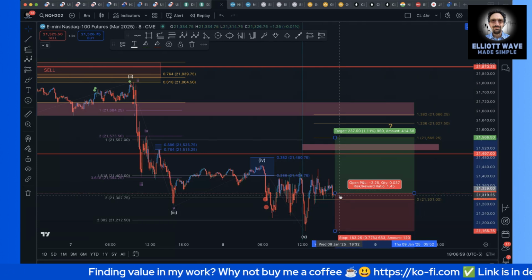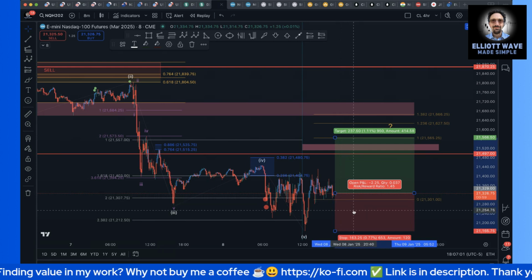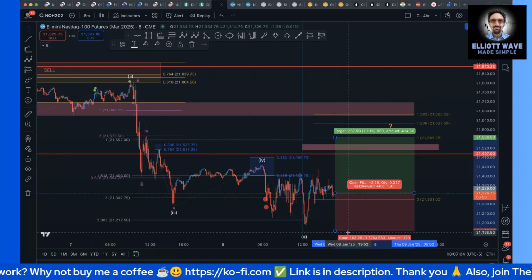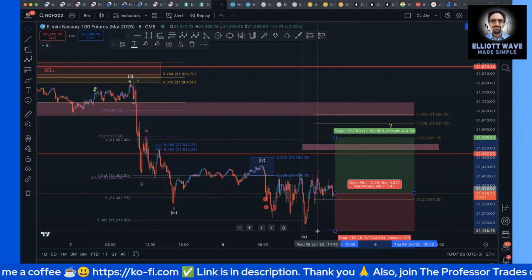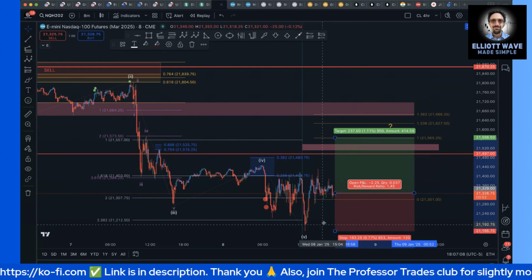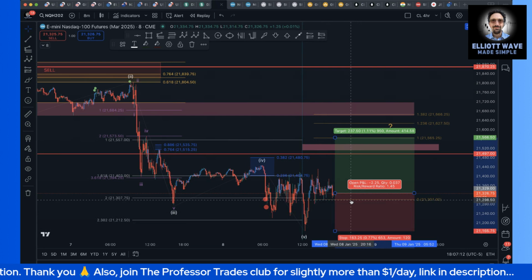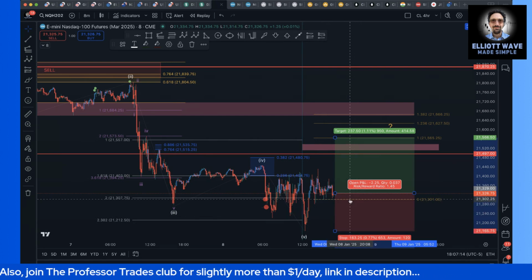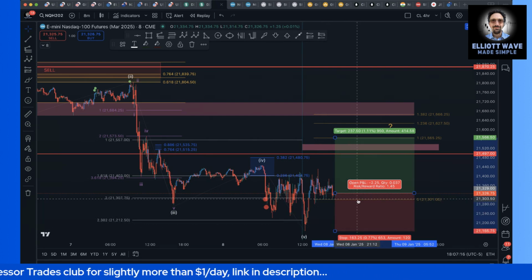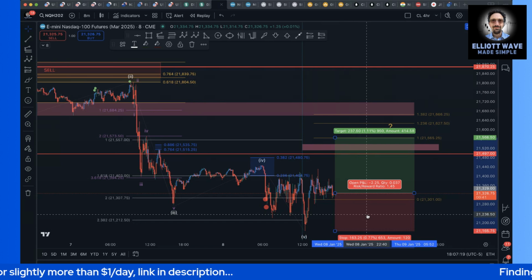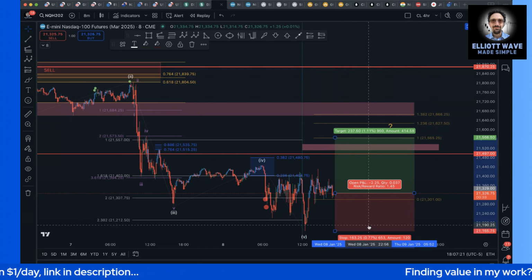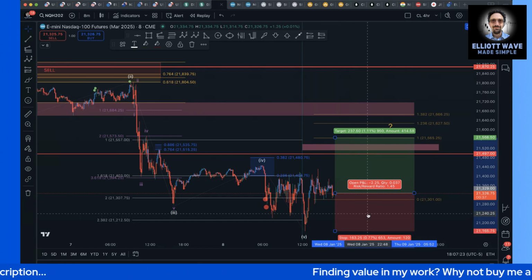Ask yourself, if I added 3 positions as it comes down, how much would I lose if it broke this low? If you predefine your risk at $1,000, then your first position has to be small enough that if it goes against you, you're only risking $300. The second position, same thing. You buy it lower so it could be slightly bigger because you have less risk, but it still should be $300. I'm just using this as a hypothetical.